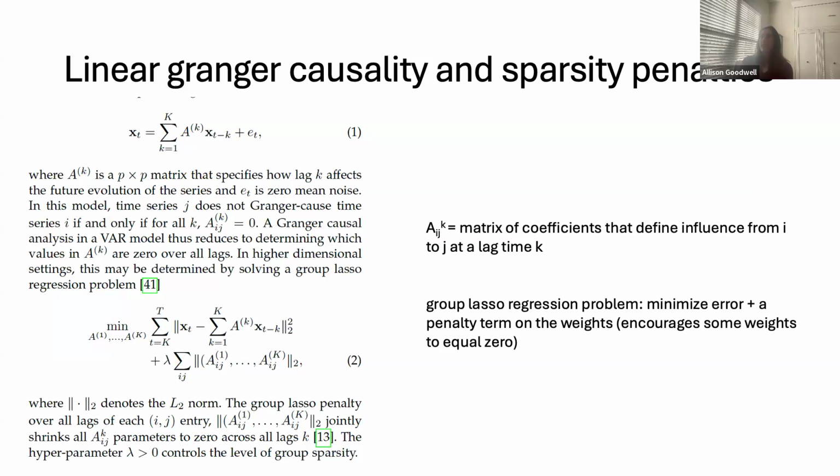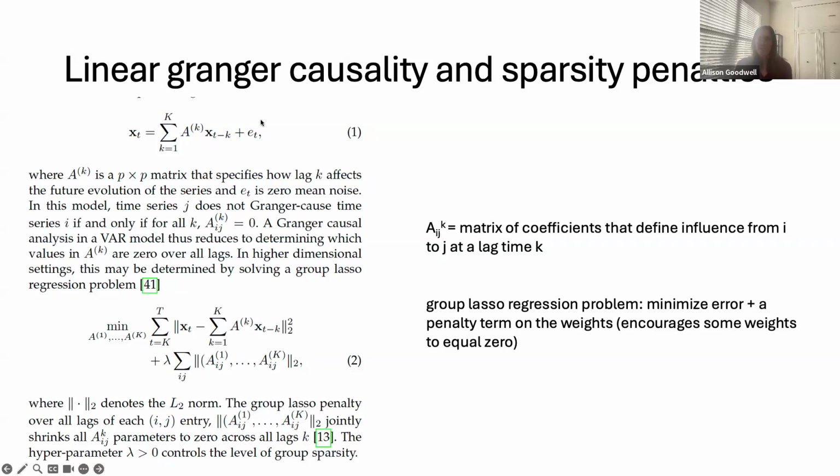Okay, so starting with just the linear concept of what this looks like. This is a model, and basically we're predicting the current value of x based on lags. So k indicates different time lags of itself in the past, and this A is a matrix that I think is p by p, all the variables involved in x.